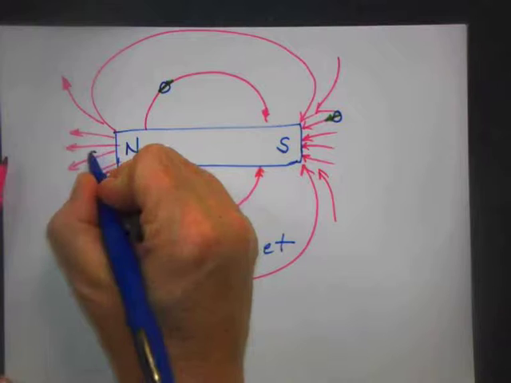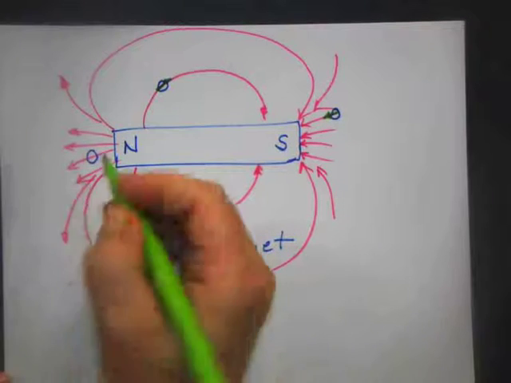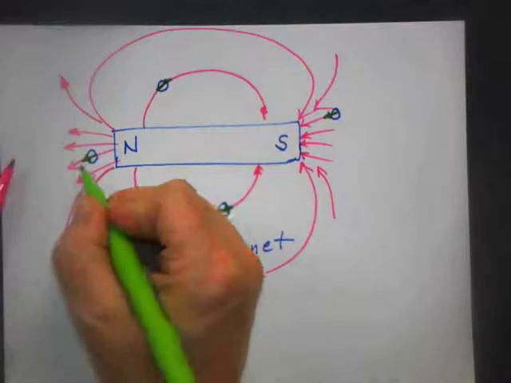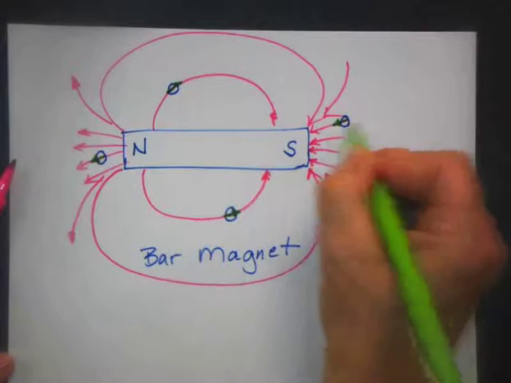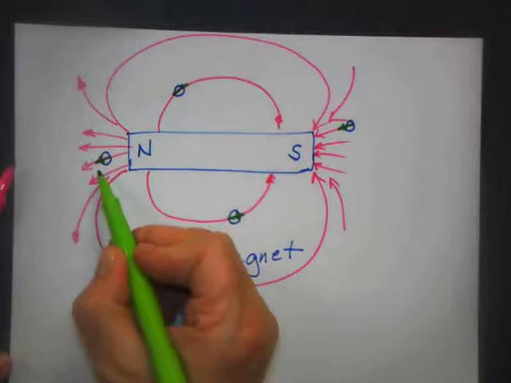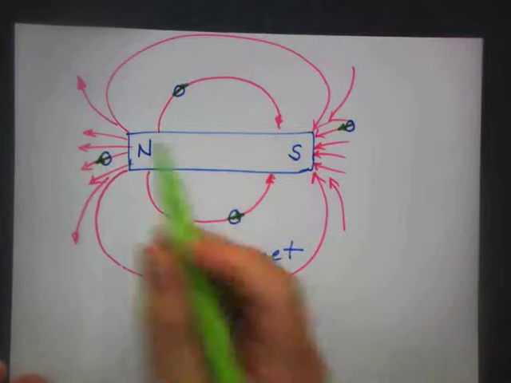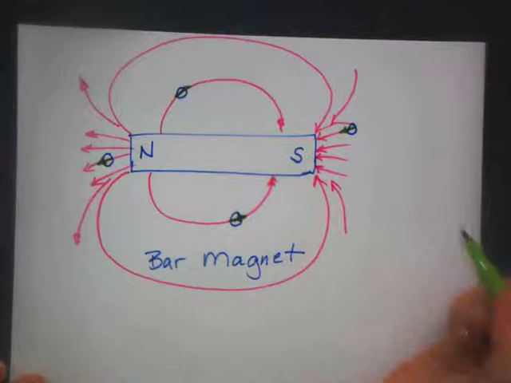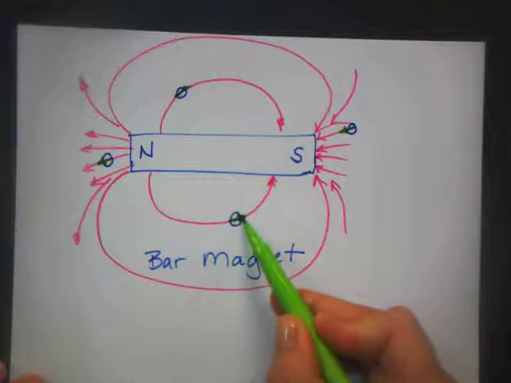So let's put a compass close to this North Pole, right? So they will point out of the north, see? And then into the south. Now, these little test compasses, what the arrowhead is what pole on the compass? So what is this, the north or the south end of the compass?